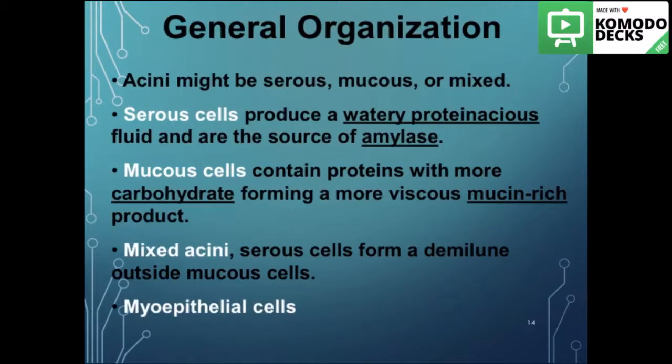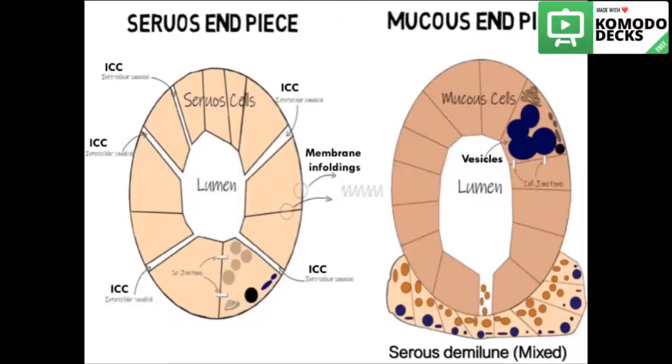Lastly, we have the myoepithelial cell type surrounding these cells. Roughly talking, this is a diagrammatic representation of the two types of the end pieces, or what we call the acini, the serous and the mucus.